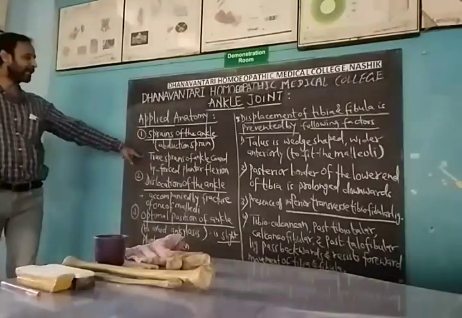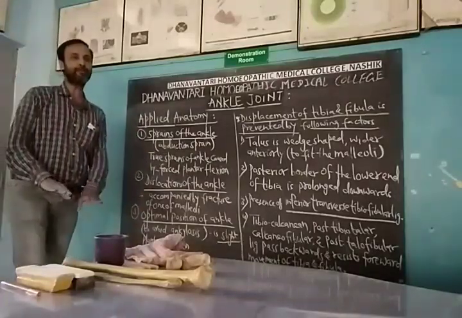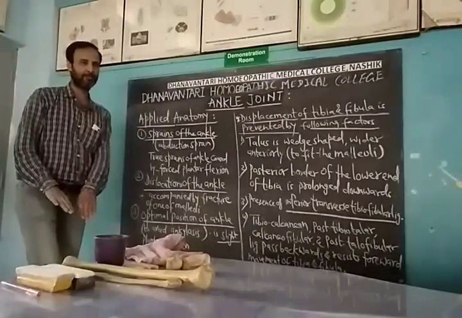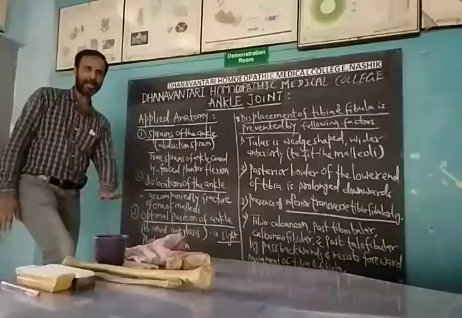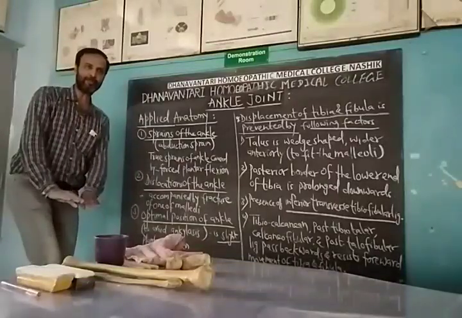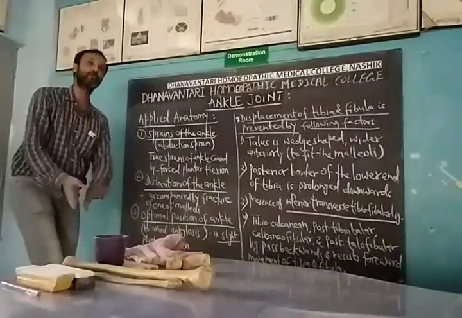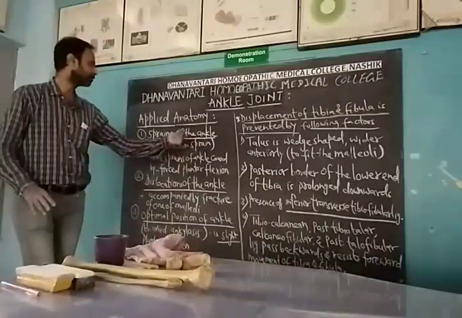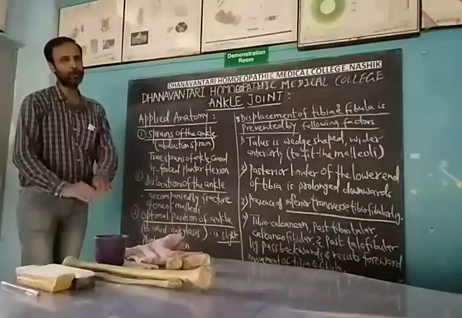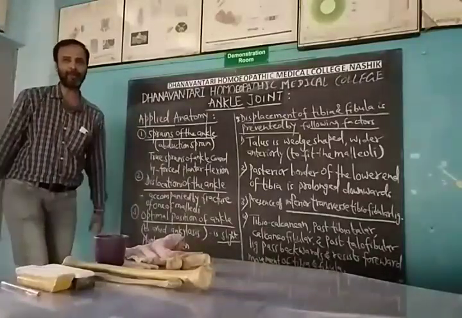Then true sprain of the ankle is always caused by forced plantar flexion. When there is forceful plantar flexion, the chances of spraining are more. And many times even the subtalar joint, with this abduction sprain, may be involved more.